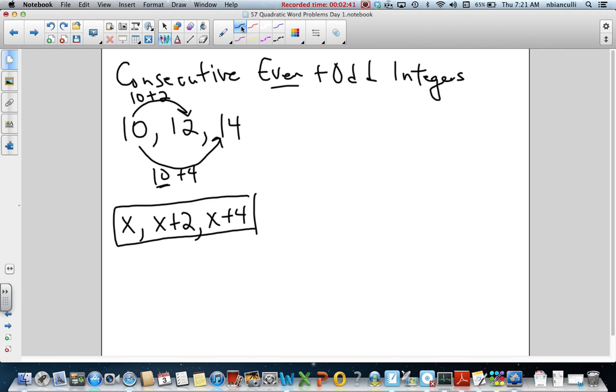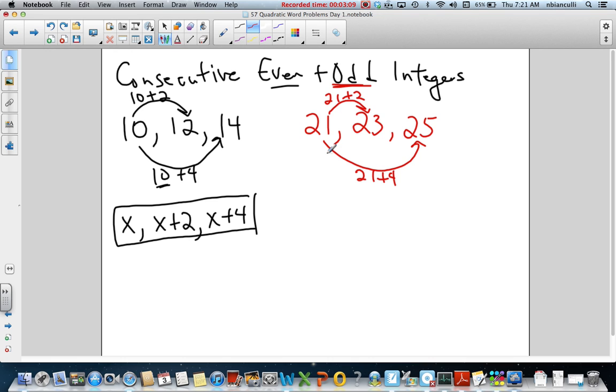What's interesting is that odds work the same exact way. So if I start off with an odd, for example 21, and I go to the next consecutive odd, which is 23, the next consecutive odd, which is 25. 21 plus 2 is 23. 21 plus 4 is 25.